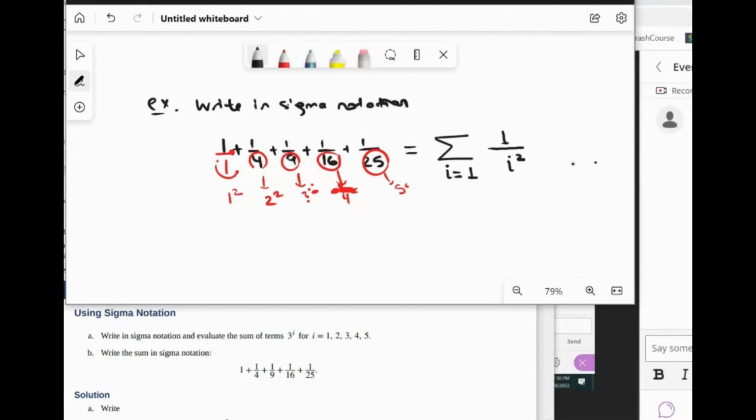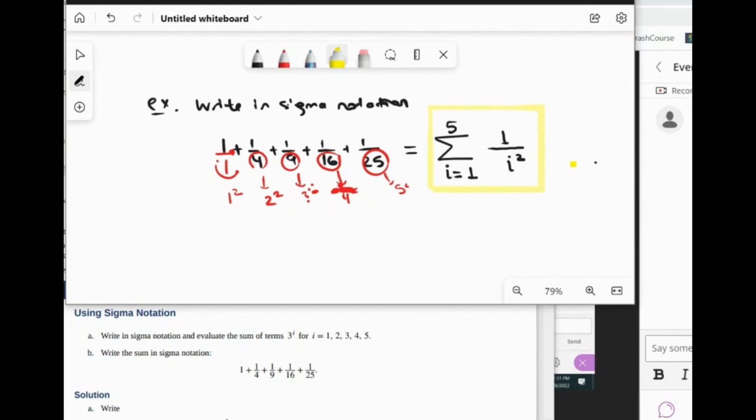So the index starts from 1. Because the largest number here is 25, which is 5 squared, I goes from 1 to 5. And we are just adding 1 over 1, 1 over 2 squared, 1 over 3 squared, 1 over 4 squared, 1 over 5 squared. So this is just a convenience notation.